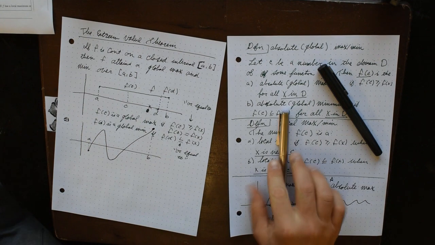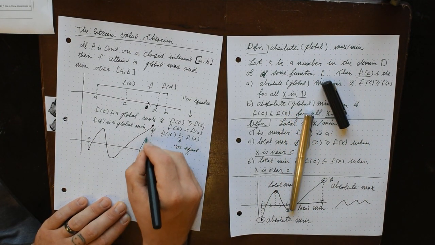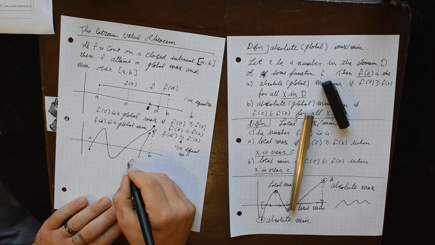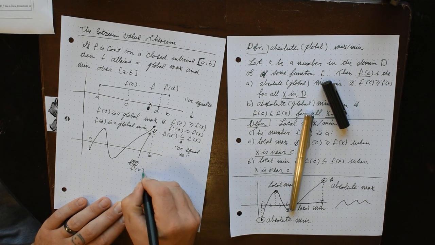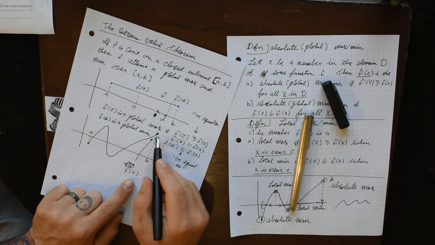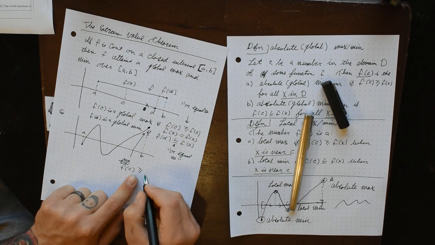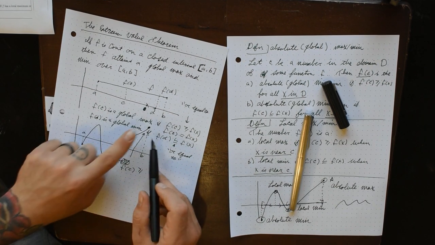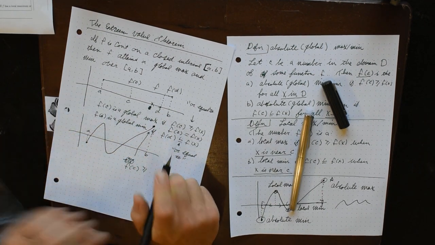So our global max is actually going to be way up here. This is our f of c. F of c is our global max, because f of c is greater than or equal to every other y value this function gives on the domain a to b.